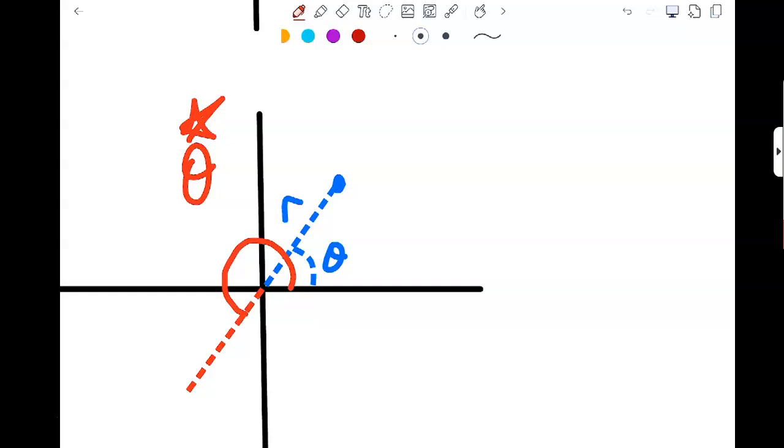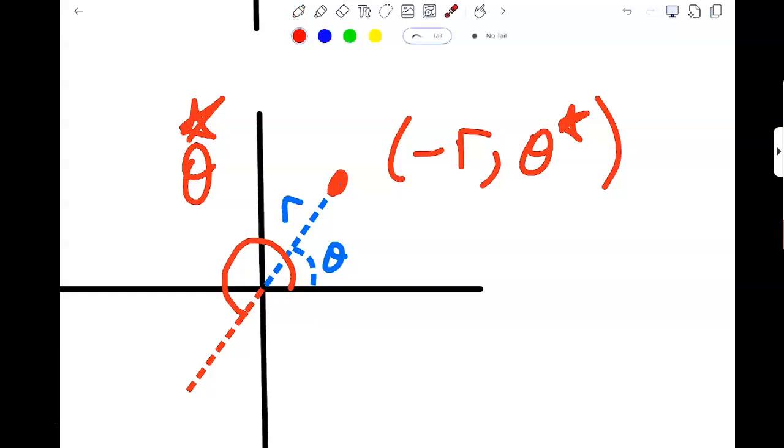And then I can write this point with coordinates minus r, theta star. Because what that would be saying is I'm facing this direction, but I'm going to go backwards since the radius is negative. I'm going to go backwards r units, and of course that would land me at that point.